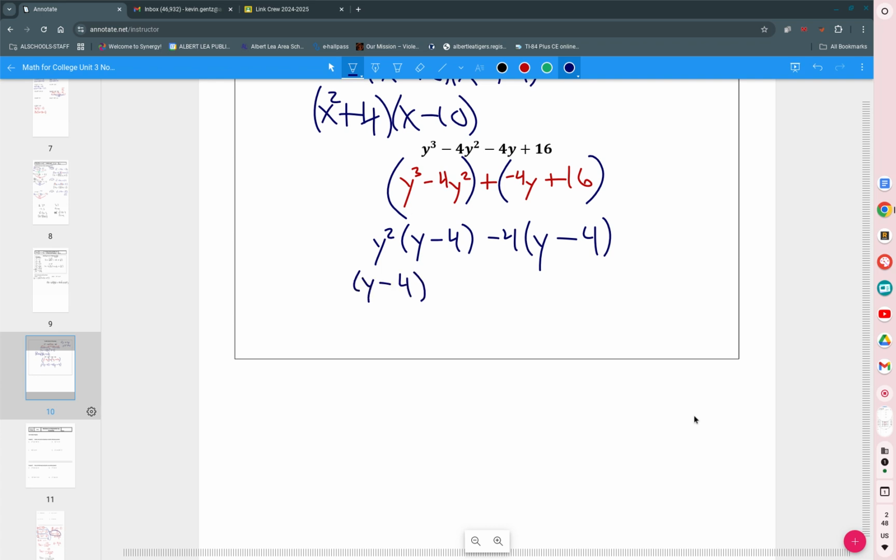Y minus 4 is our common factor. What are you left with when you take out a y minus 4? Y squared minus 4. Good. And now you can see y squared minus 4 is the difference of squares. And so in this case, you have all 3 factors.